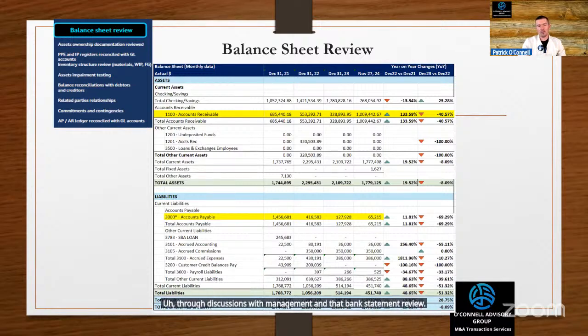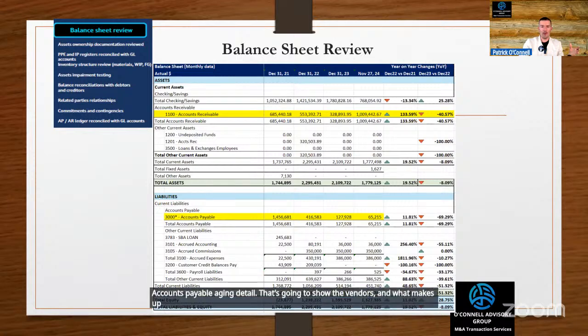If we flip over to liabilities, when you take a look at the liabilities, what jumps out to you? What are some of the questions? One which I would ask for, I would want to see an accounts payable aging detail. That's going to show the vendors and what makes up this accounts payable balance.